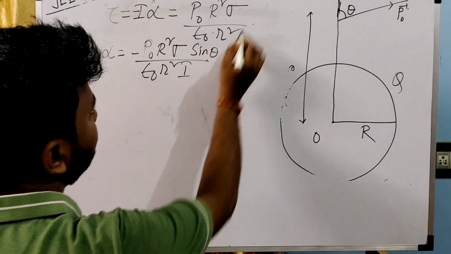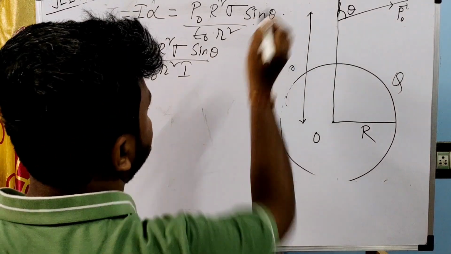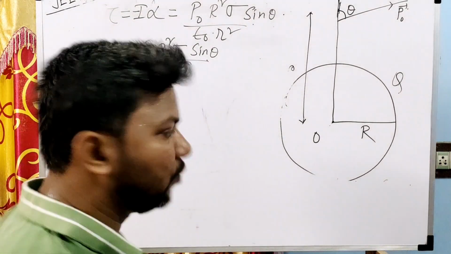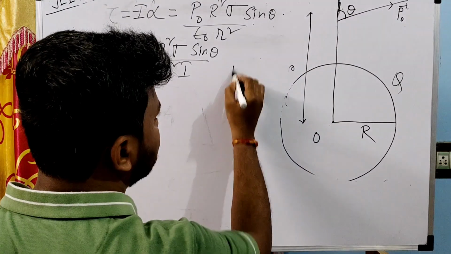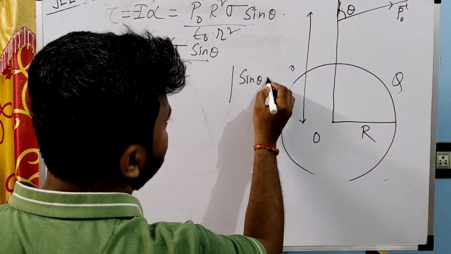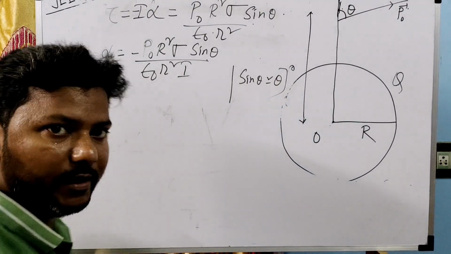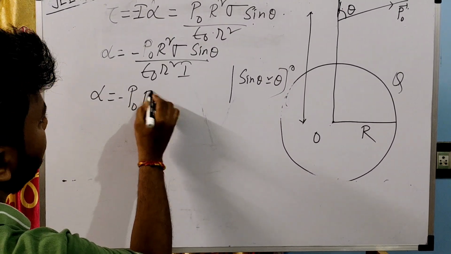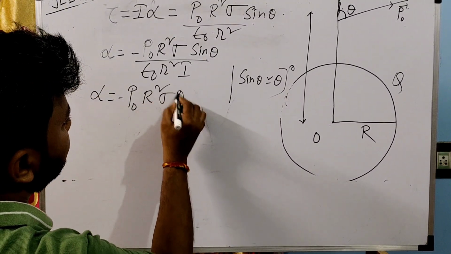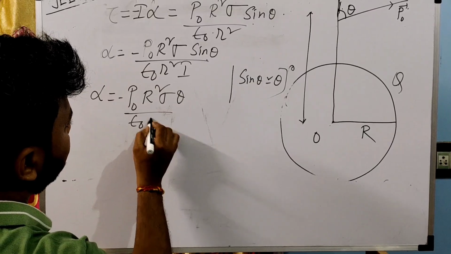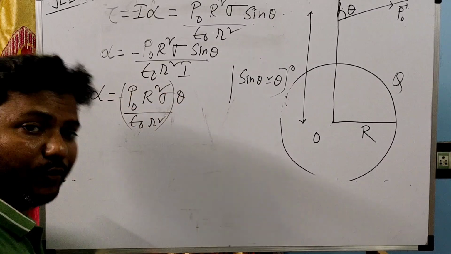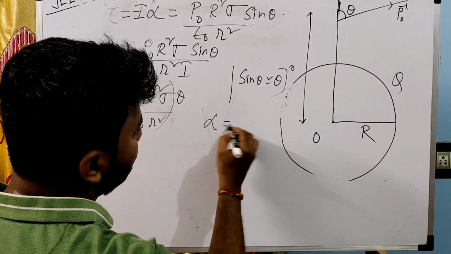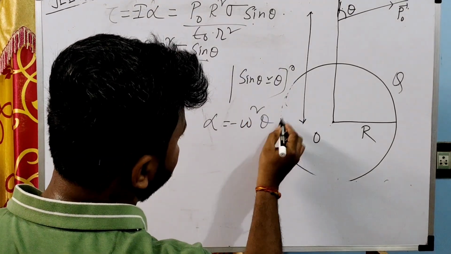There is a sine theta term here. If theta is very small, then sine theta is nearly equal to theta. So alpha is equal to minus P naught sigma R square theta by epsilon naught r square I. Again, we know alpha is equal to minus omega square into theta.